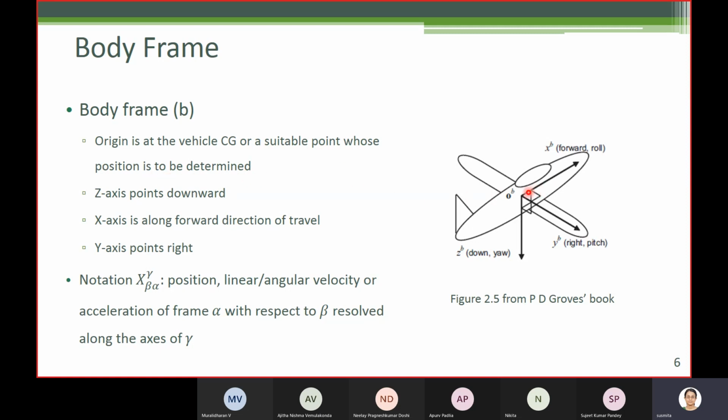The z-axis points downward, the x-axis points along the forward direction of travel, and the y-axis points right. Here we have shown the body frame for an aircraft. So these are the four different frames that we may need in this class. There are other frames as well, but we will not go into those frames.